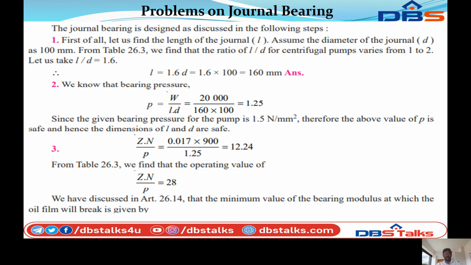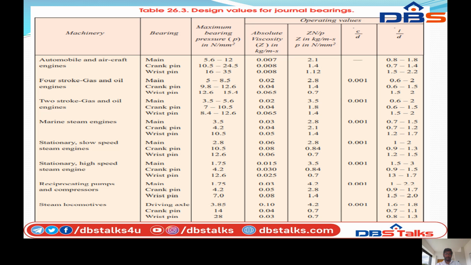First we can see the tabular column. L by D values are 0.8 to 1.8, 0.7 to 1.4, 1.5 to 2.2.